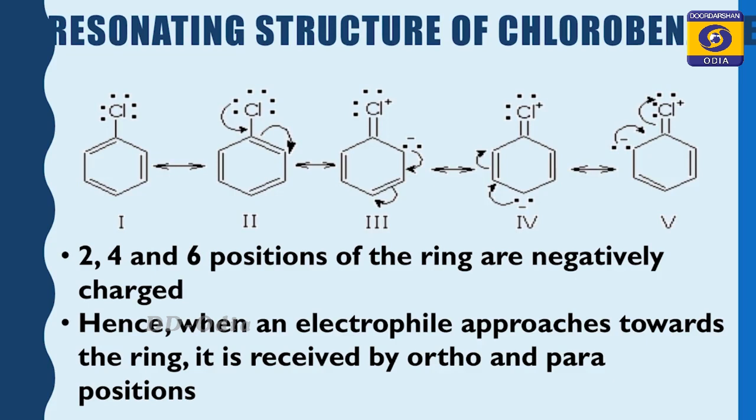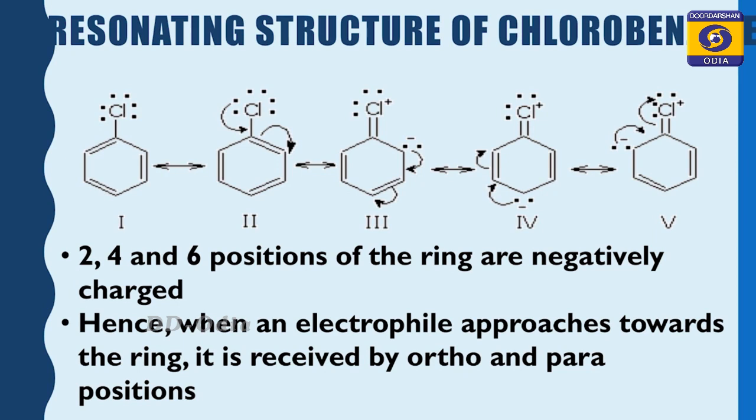As we had explained before, the lone pair of electrons present in the chlorine atom involve themselves and form resonating structures as shown in the diagram. And in this diagram, what is the important thing which we want to pick up?